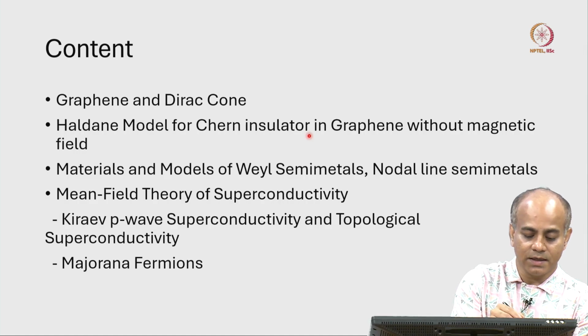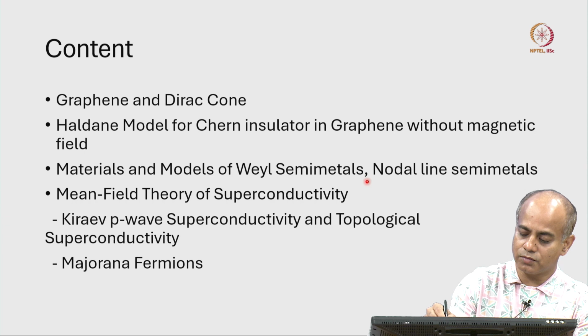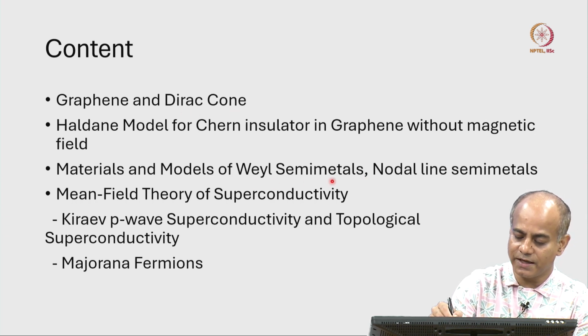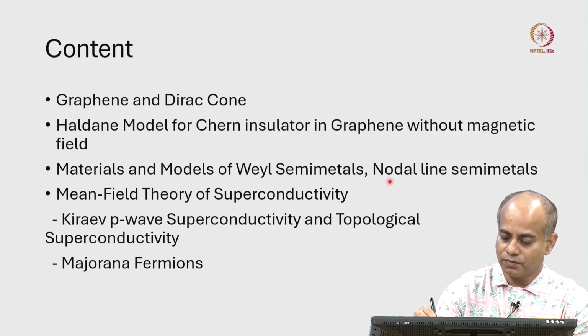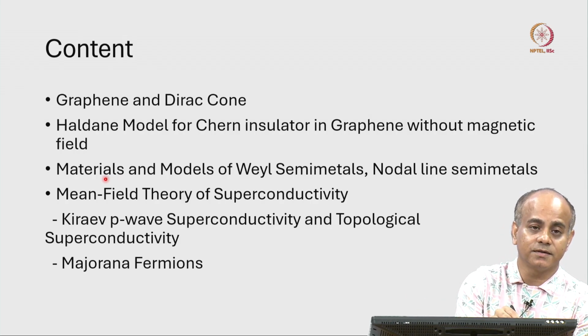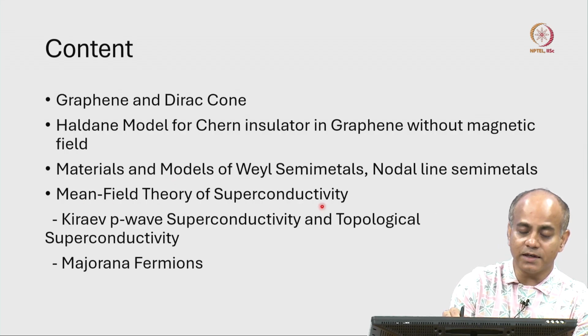Okay. Then we will come back to this band degenerate point a little bit again for 2D, but move on to 3D, and also talk about various semi-metals and their materials and the corresponding models. Okay. Finally, we move to superconductivity.